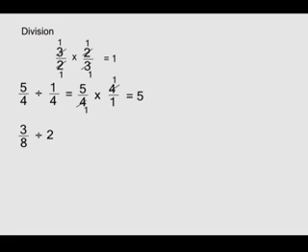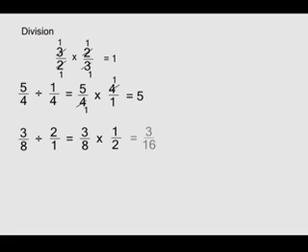3 over 8 divided by 2. Make 2 a fraction, that's 2 over 1. Its reciprocal is 1 over 2. So 3 over 8 times 1 over 2 gives us 3 over 16. Next, 6 1 over 2 divided by 3 and 2 over 3.